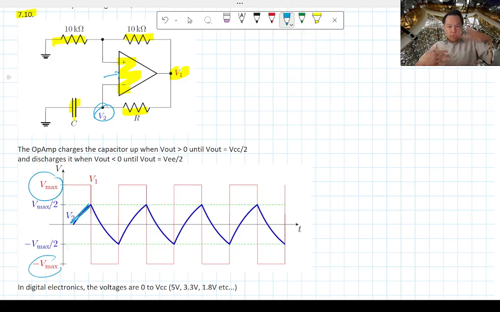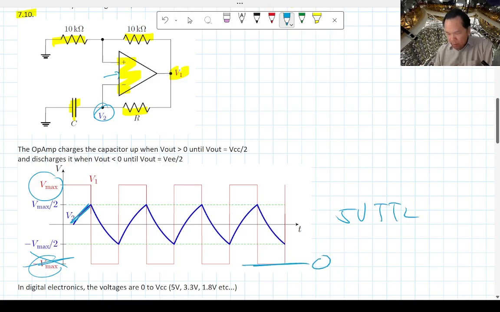It basically rails the power supply. In this case, the way we use it in digital, if you're using 5 volt TTL, this bottom here is set at 0 volts and the top here is set at 5 volts. Therefore it follows the same voltage state as our TTL logic.